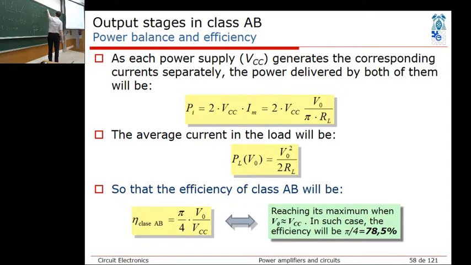So we have 1 over T, 0 to T, V squared divided by RL times sine squared of omega t dt, which gives you the magic divided by 2 there. All right, so we have V0 squared divided by 2 RL.